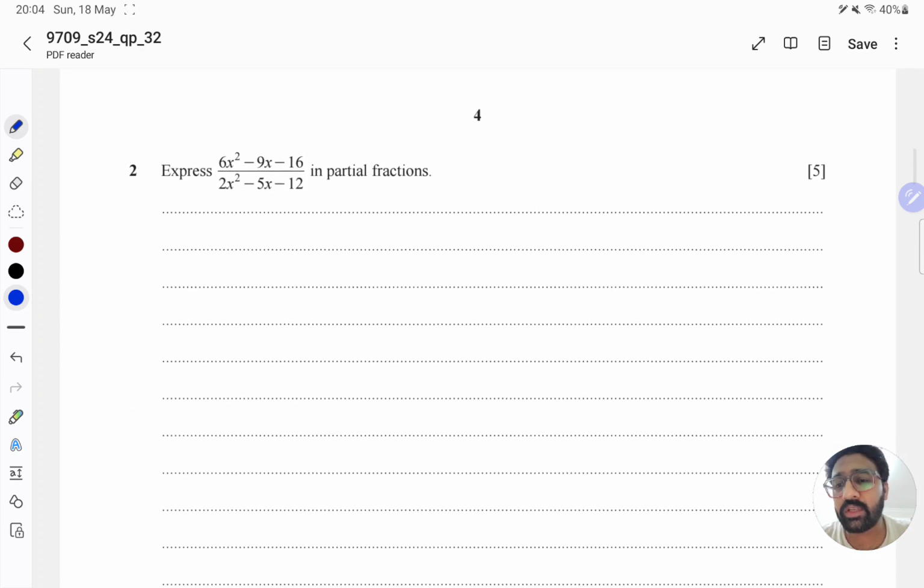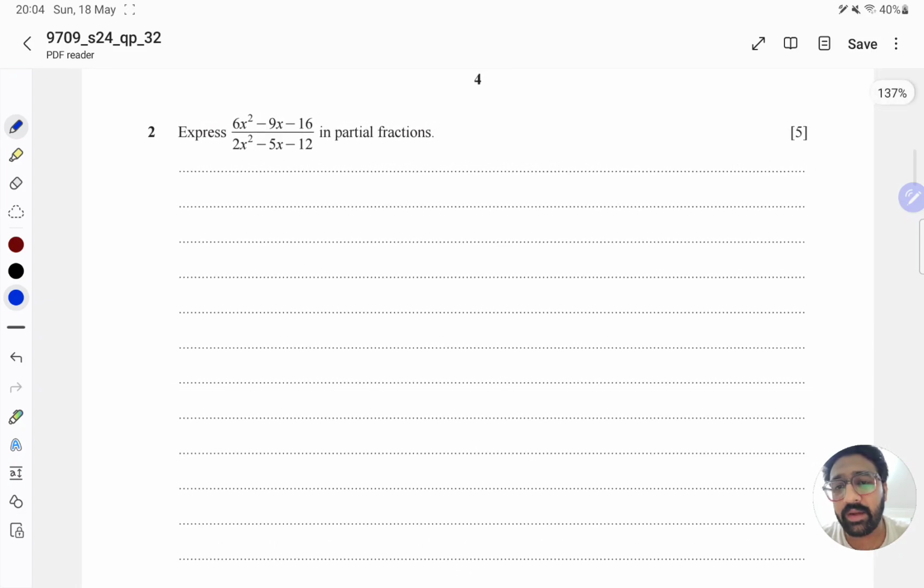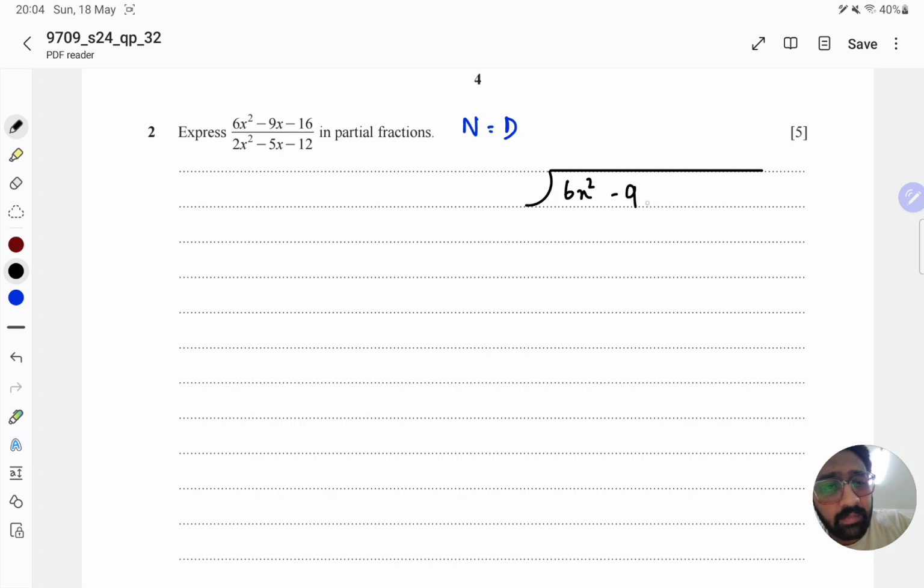Question number 2 is to do the partial fractions. Since the numerator power and the denominator power are both equal, this is an improper fraction, so we'll do long division. I'll keep the numerator inside, which is 6x square minus 9x minus 16, and 2x square minus 5x minus 12 outside.